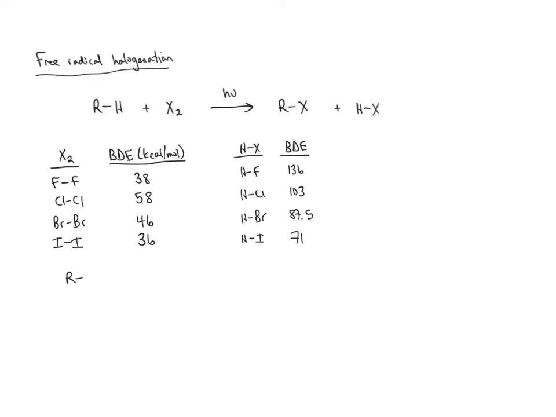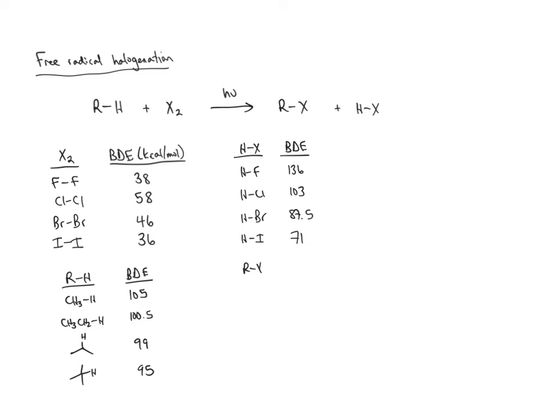For the alkanes, if we have, let's say, methane, that BDE is 105. If we have ethane, that's 100.5. If we have the isopropyl version, that's 99. If we have the tert-butyl version, that's 95.